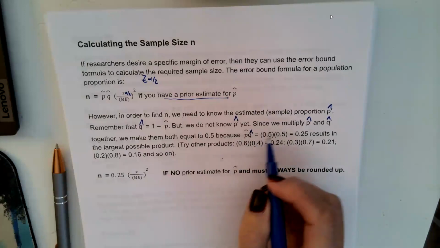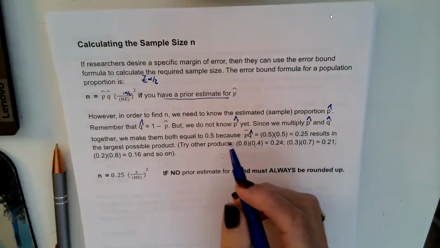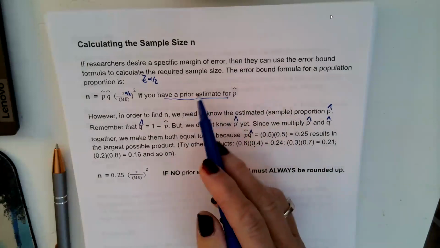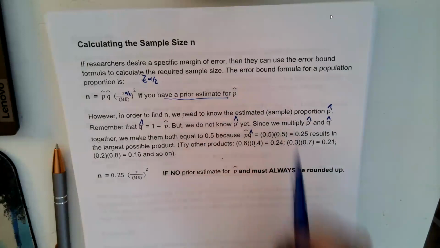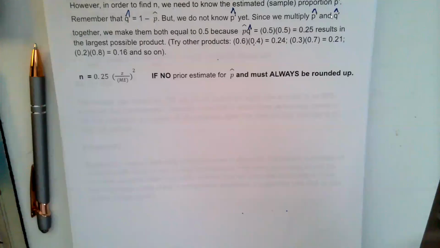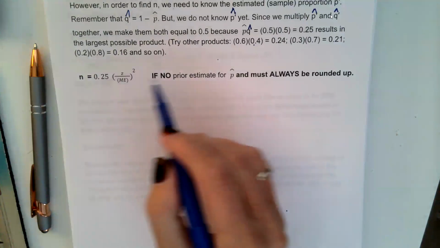So the very maximum that p hat and q hat multiplied could be is 0.25, which would cause you to have the biggest n possible. So if you don't know a prior estimate for your sample proportion, you can use 0.25 as that product right here in place of p hat times q hat.